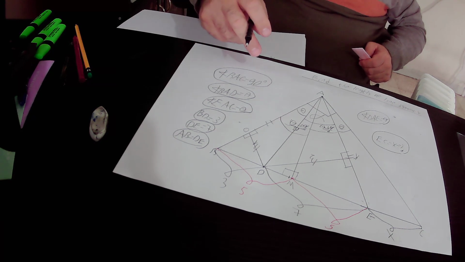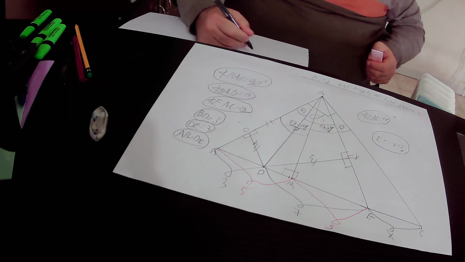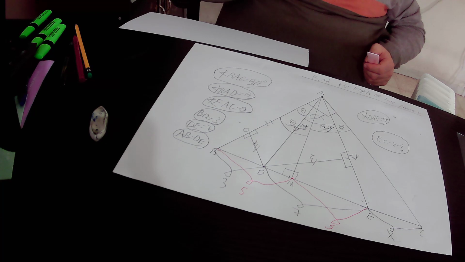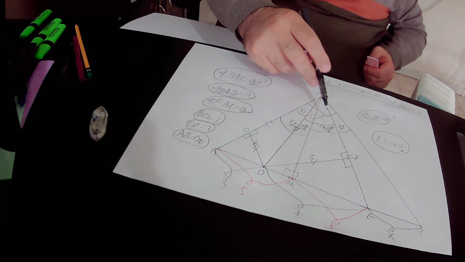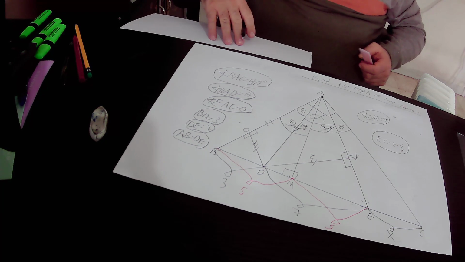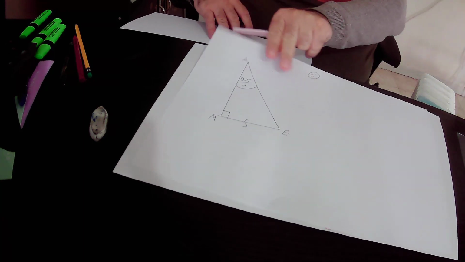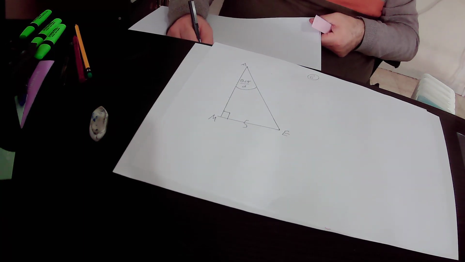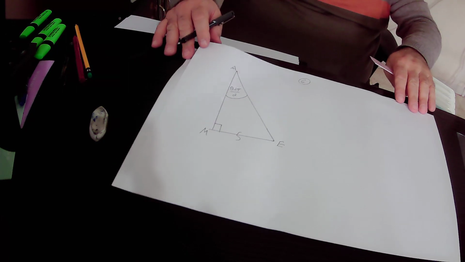We already found out that ME equals 5 units. Angle MAE is equal to theta plus alpha over 2. So this is the right triangle, triangle AME.